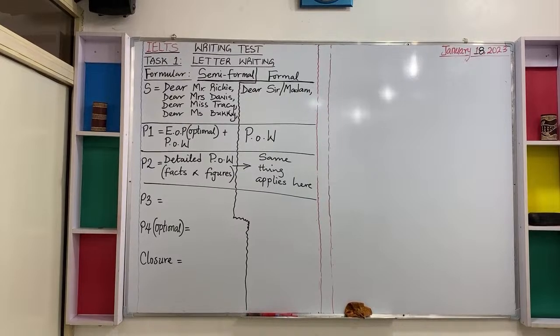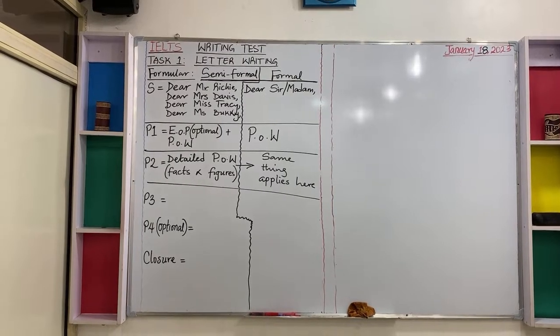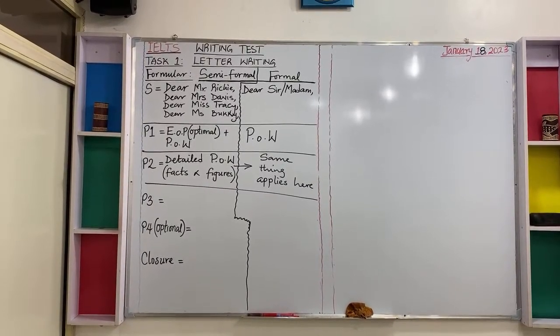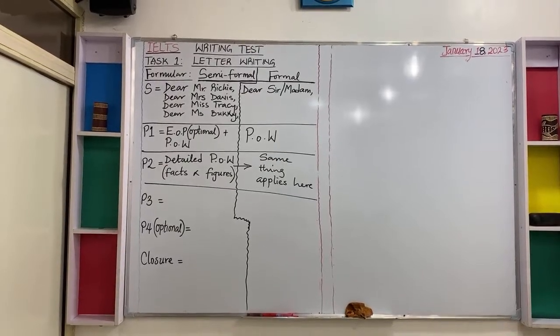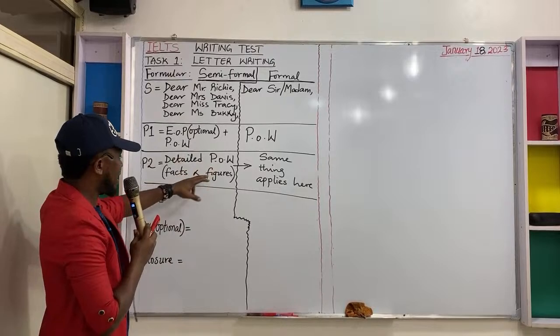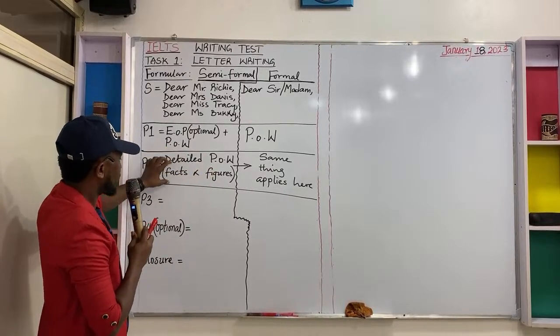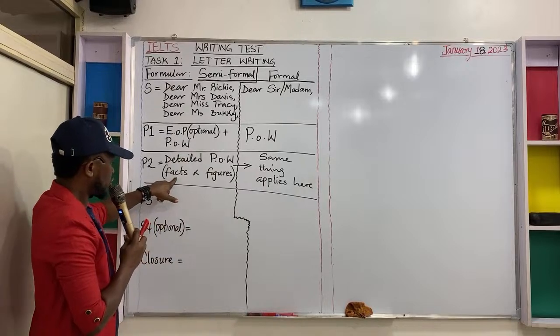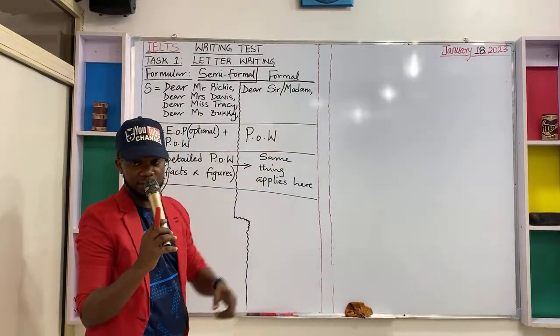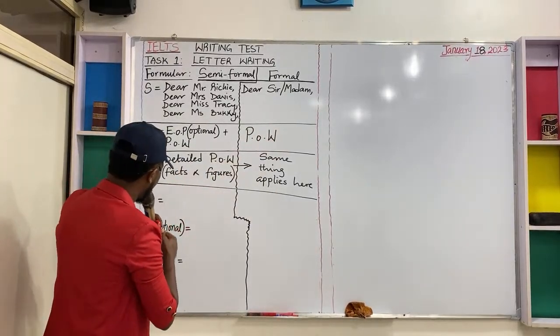All right. So, detailed purpose of writing is what comes in here. And then to express the detail, you have to bring in facts and figures. Now, the same thing applies when you're treating your formal letters, okay? Now, let's go to the third paragraph.